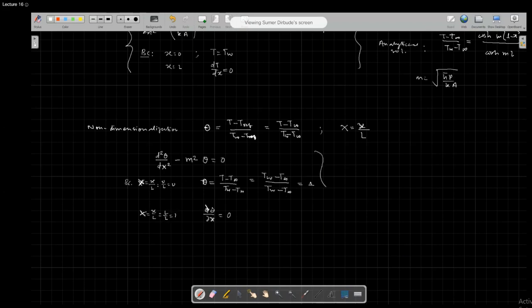So this non-dimensional problem is d2 theta by dX2 minus m square theta equals 0, with theta equals 1 at capital X equals 0 and d theta by dX equals 0 at X equals 1. This is a non-dimensional problem.